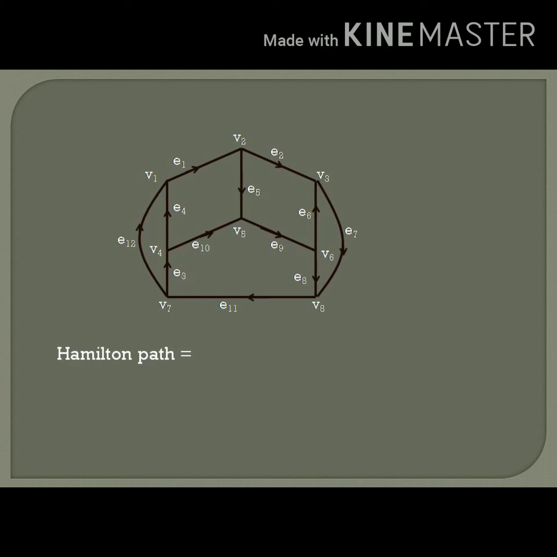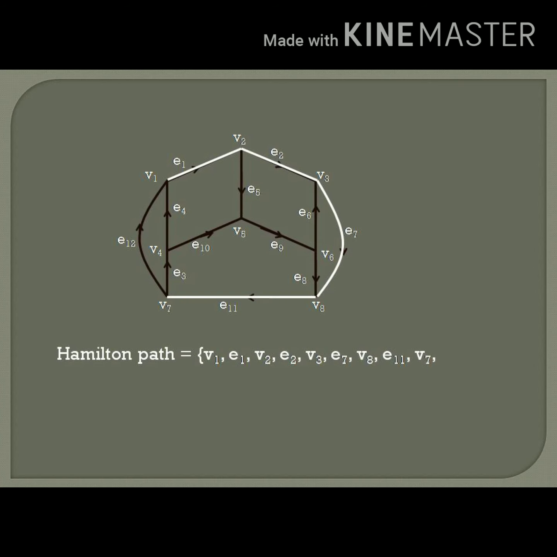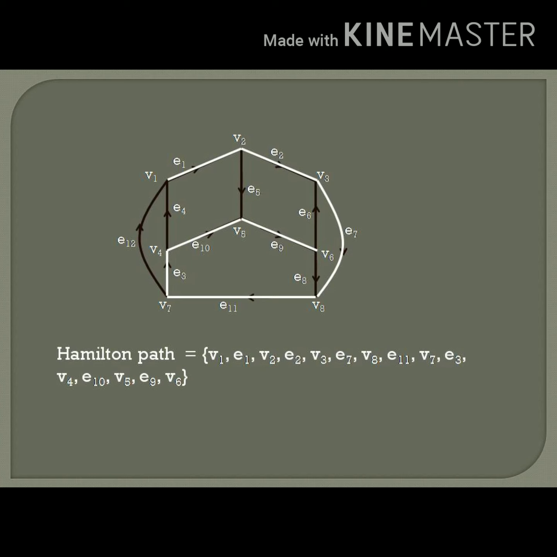Let's see the example. Here is a graph that has 8 vertices and 12 edges. Now we'll see the Hamilton path. So observe the graph. The path starts with the vertex V1, V1 E1 V2, and next V2 E2 V3 and V3 to V8, that is through E7, V3 E7 V8, then V8 E11 V7 and V7 E3 V4 and V4 E10 V5, V5 E9 V6.